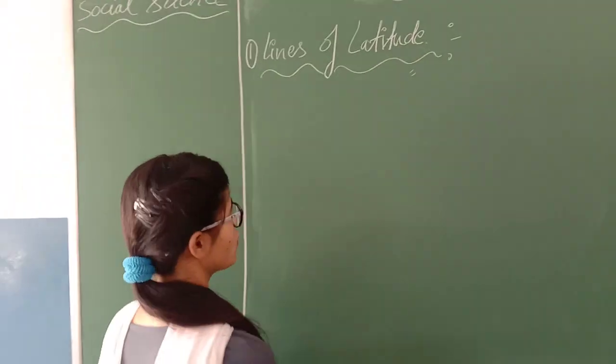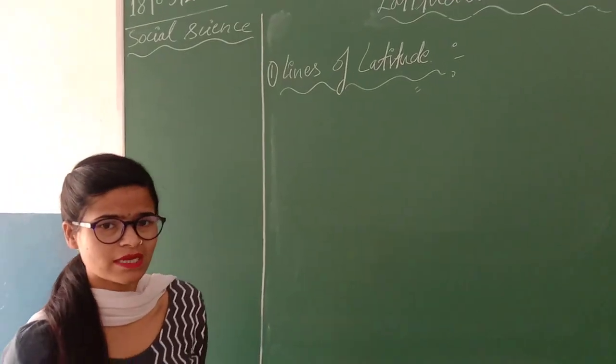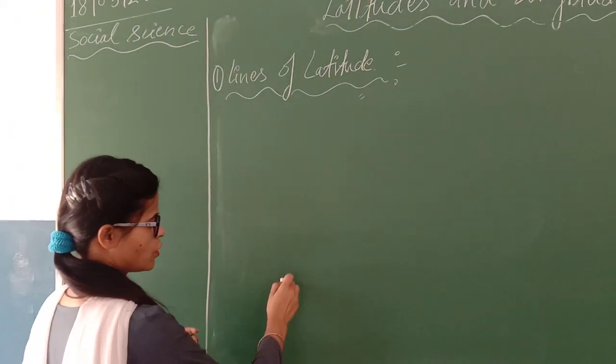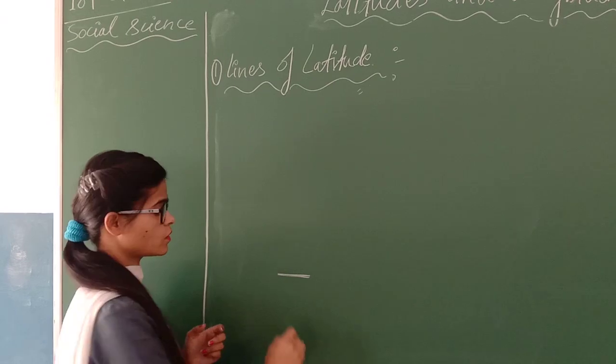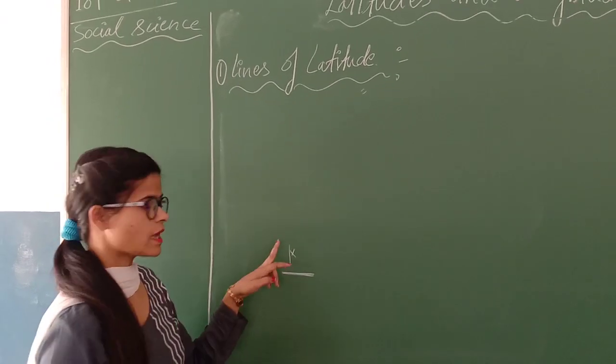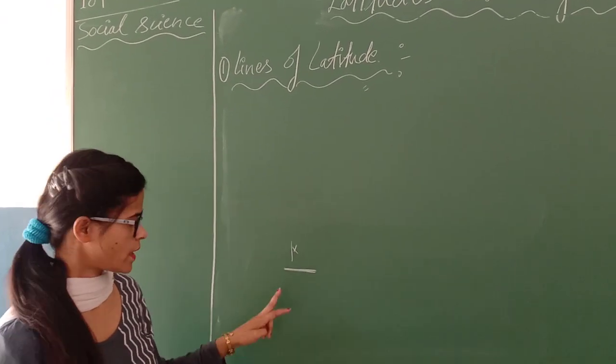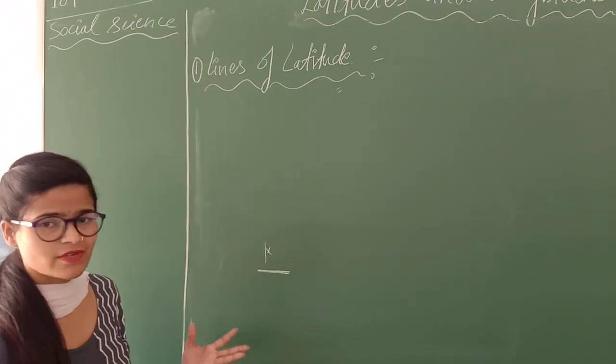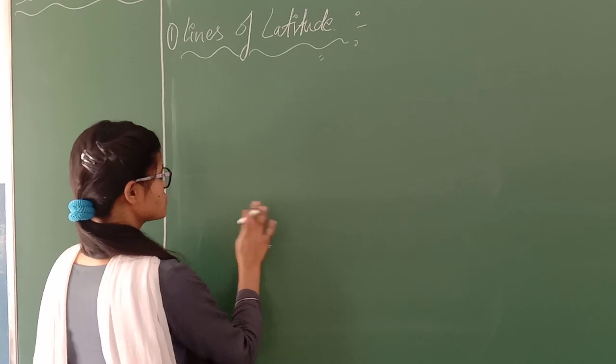As I have already told you, latitudes are horizontal lines, not vertical. Vertical lines are longitudes, and horizontal lines are latitudes. So let's have a definition of latitude. What are latitudes?